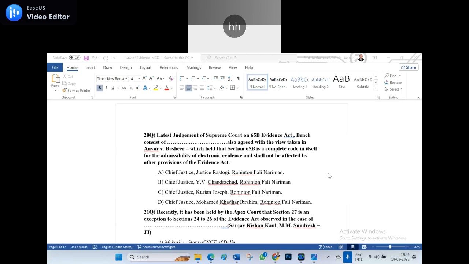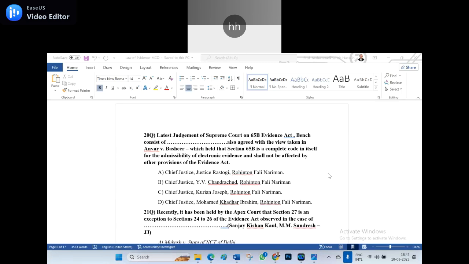Now, I did not ask the name of the case law. I did not ask the section because I already gave it here, but I would like to ask now, who are the bench consisting of? A. Chief Justice, Justice Rastogi, Rohinton Fali Nariman. B. Chief Justice Y. Chandrachud, Rohinton Fali Nariman.